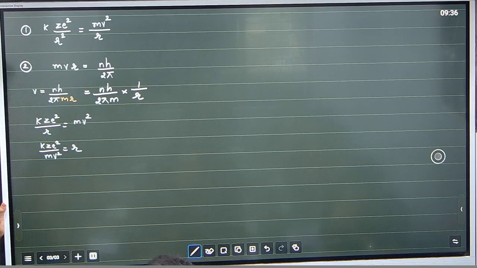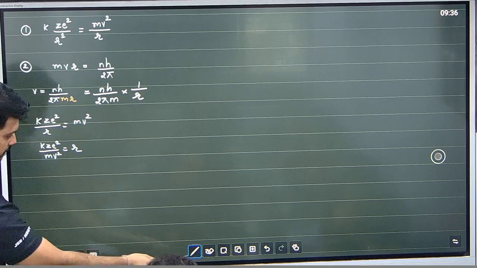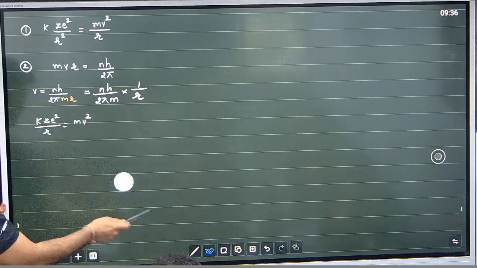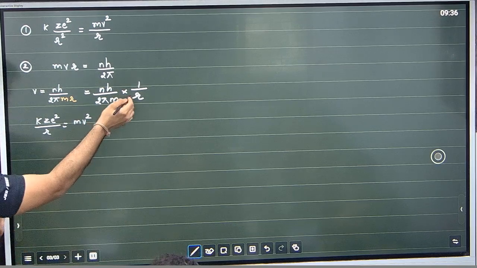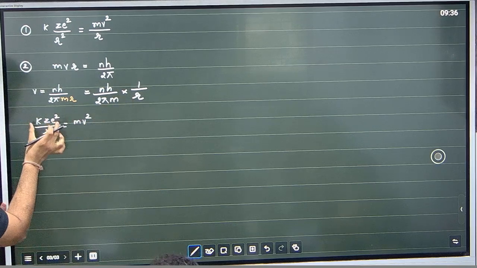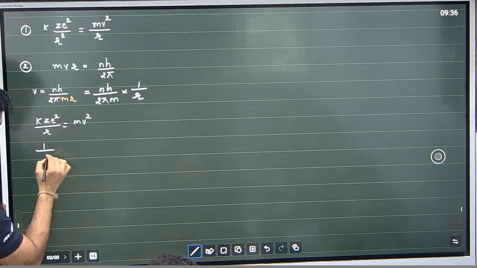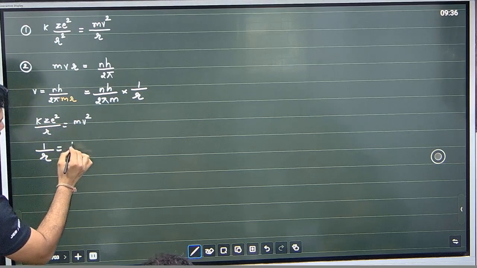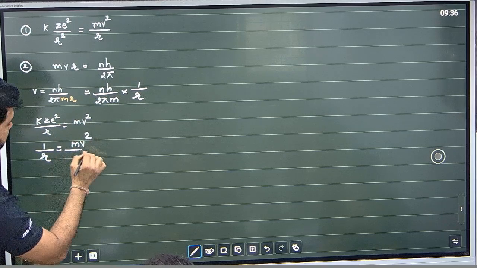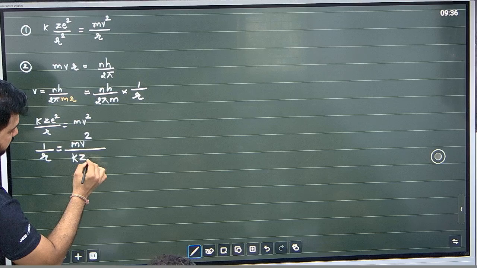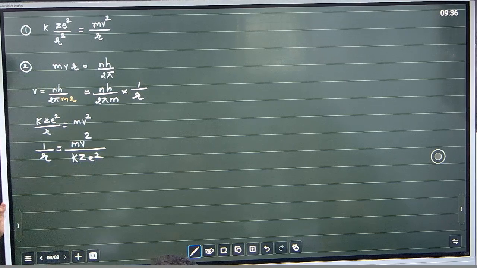Respond yes or no. To simplify our work, instead of finding r, can I take this k Z e squared to the denominator? So 1 upon r can be written as m v squared upon k Z e squared. Where will I put this 1 upon r? I can put that here. So tell me, what do we get, people?